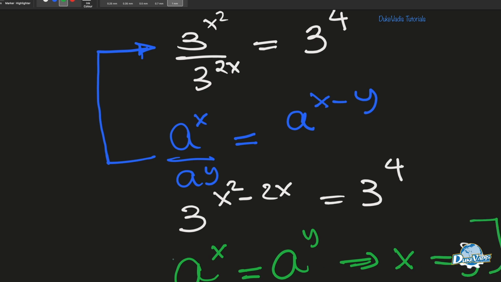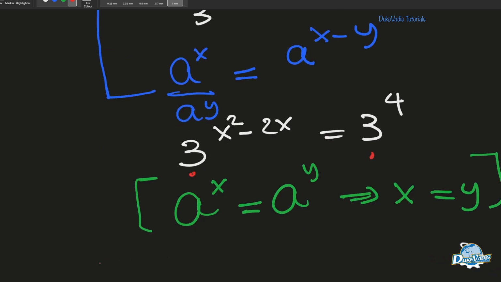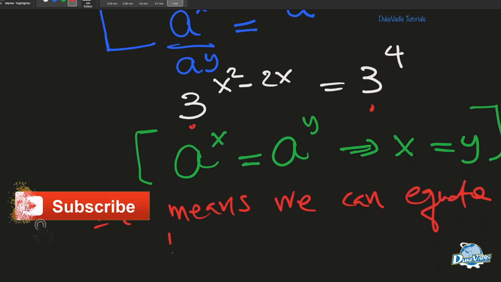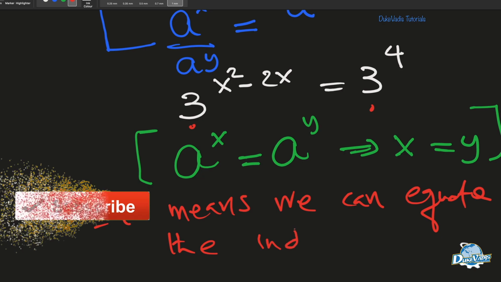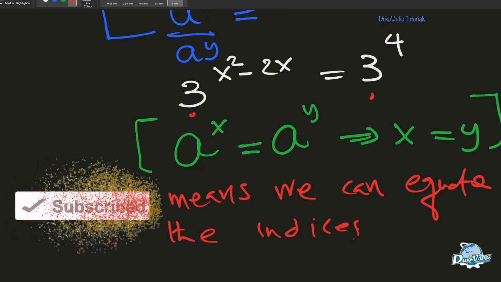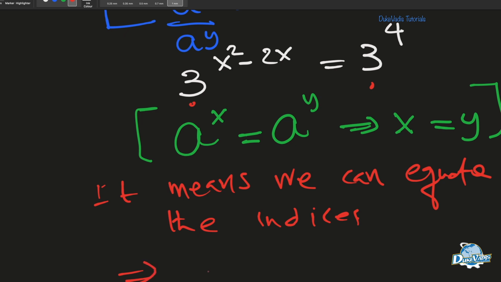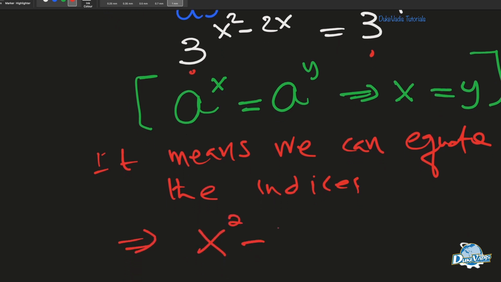It means we can equate the indices. So this implies that our equation eventually becomes x squared minus 2x is equal to what? 4.